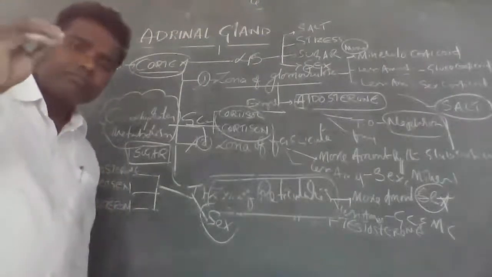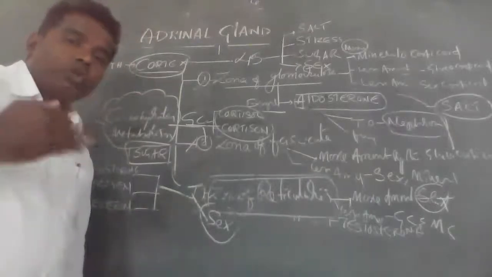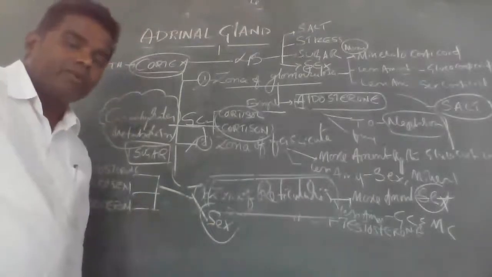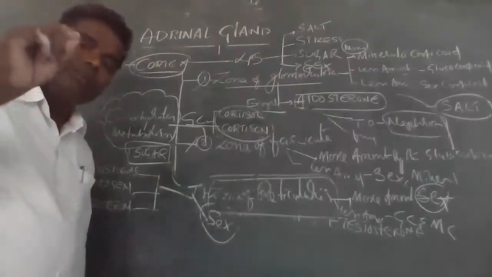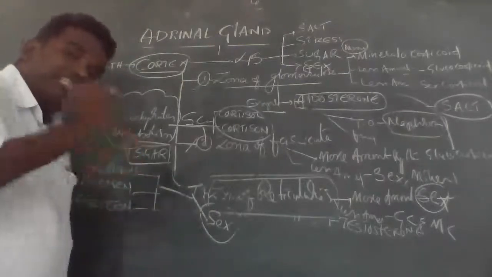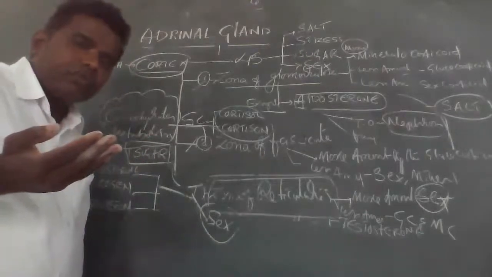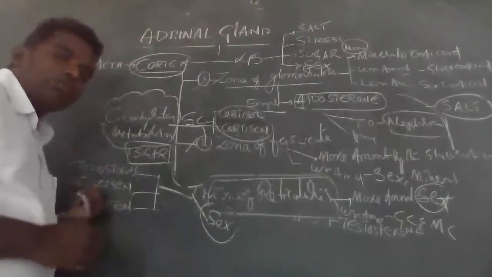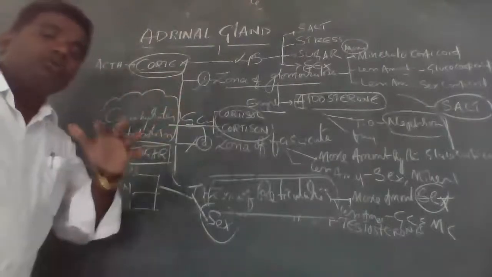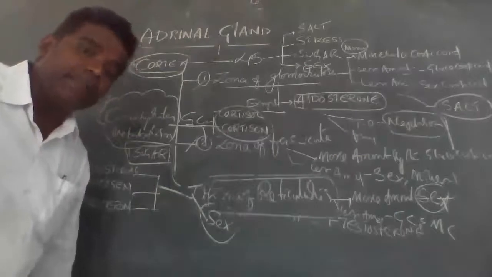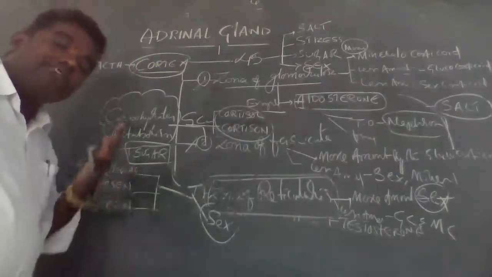Next, the zona reticularis, the third zone of the cortex of the adrenal gland. It secretes more sex corticoid and less gluco and mineralocorticoid, so it is called the sex-corticoid zone. Examples: testosterone, estrogen and progesterone. Testosterone is responsible for male secondary sexual characters and development of the reproductive system.